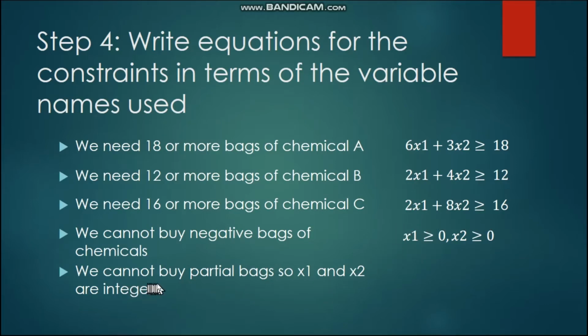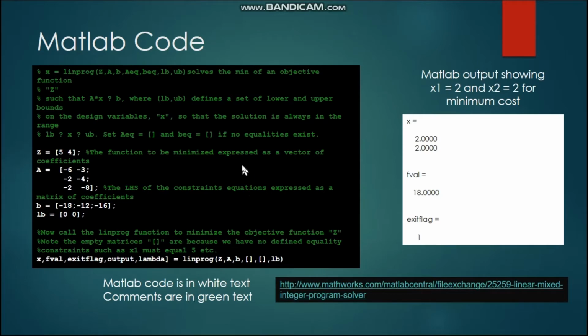Next, we have a constraint that might be a little more difficult to handle in some software packages. It is very easy to handle in Excel, and I'll show you that. X1 and X2 must be integers because we cannot buy partial bags of chemicals. So we are going to make sure that they are integers. Here we have the MATLAB code that solves the problem.